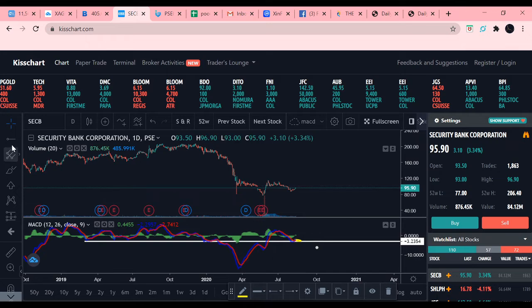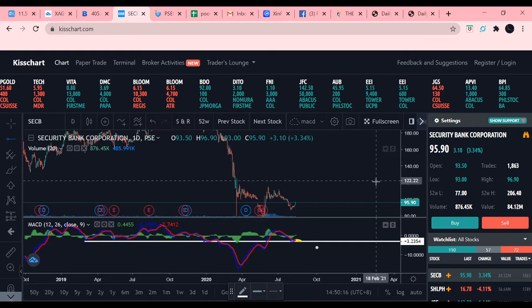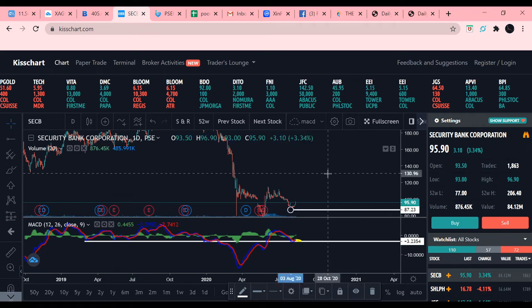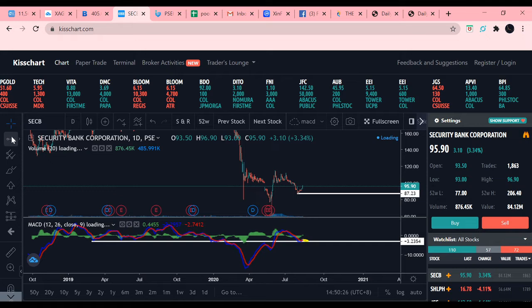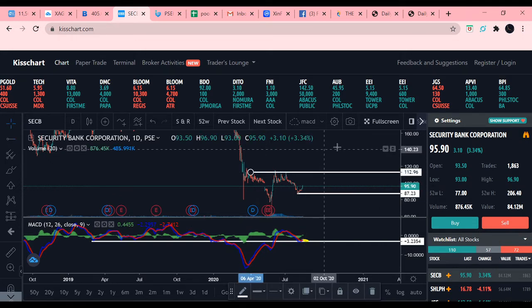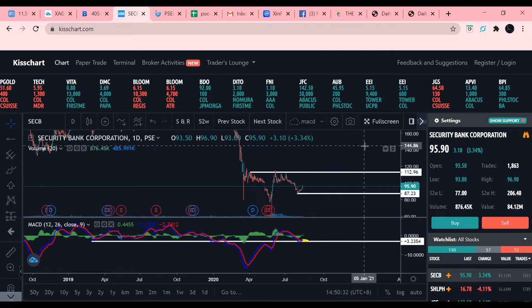So, syempre, since nag-cross siya, eto na yung tinitignan ko na support area. Wait, check natin. Saan siya nag-cross? This area eh. So, eto na lang ang support na check natin. And then, of course, yung resistance at this area. So, yan. Yung tinitignan ko na resistance.